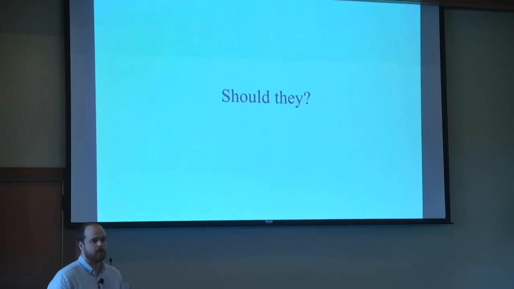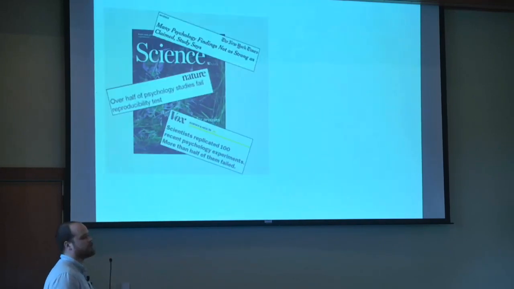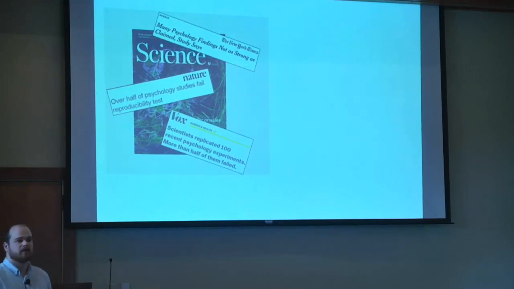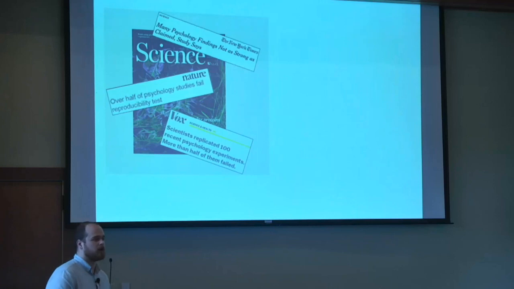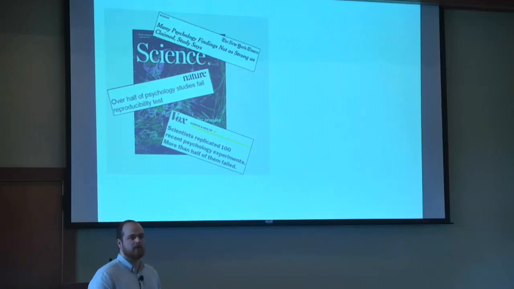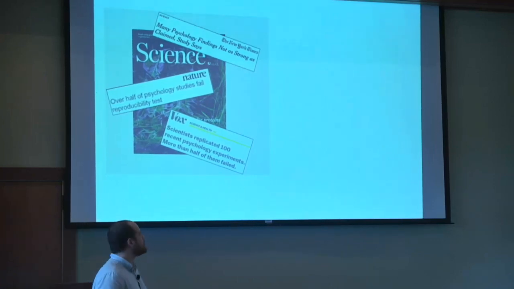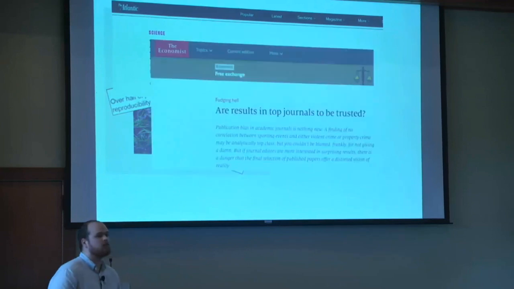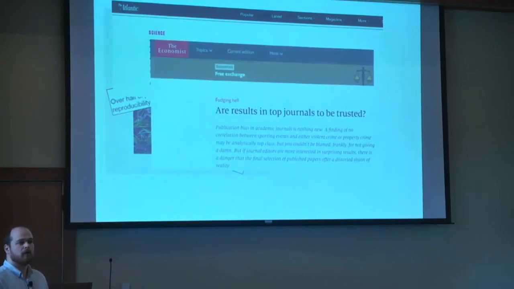But should they? As we know, in recent years, there has been a surge of replication studies in the different behavioral sciences, from psychology to economics and for the social sciences in general. And typically, just about half of the replications are successful.